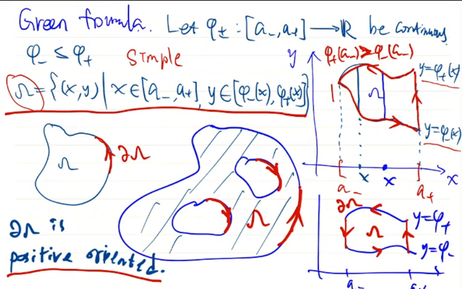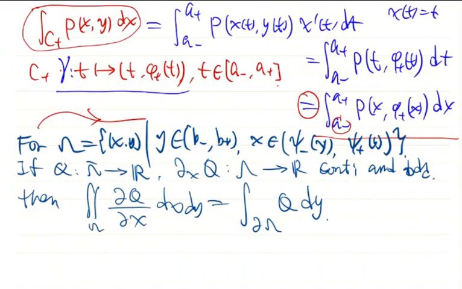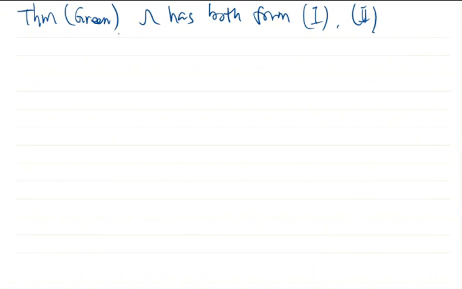That is, omega bounded by the graph of two functions, where x is the independent variable. Or omega can also be expressed in this form. That is, it is also bounded by the graph of two functions, but now y is the independent variable. So this is the second type. So we assume that omega has both of these two forms.